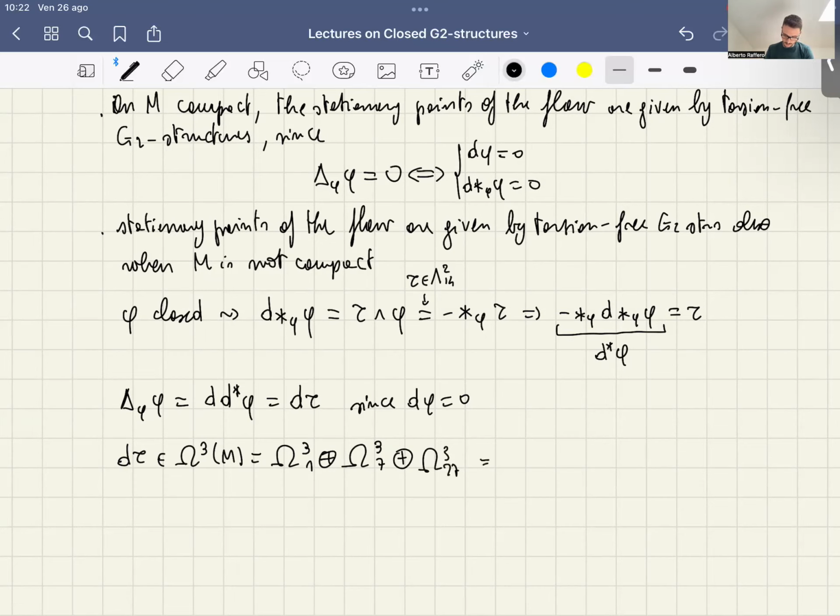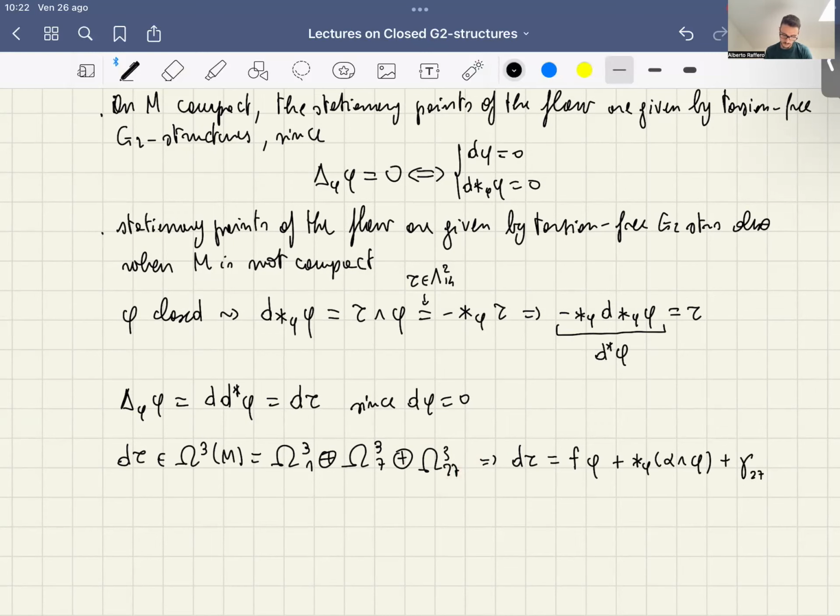So this tells you that you can write your d tau as some function f times phi plus something like, let's say, the Hodge dual of some 1-form alpha wedge phi, plus, let's call it gamma 27, a component inside here.